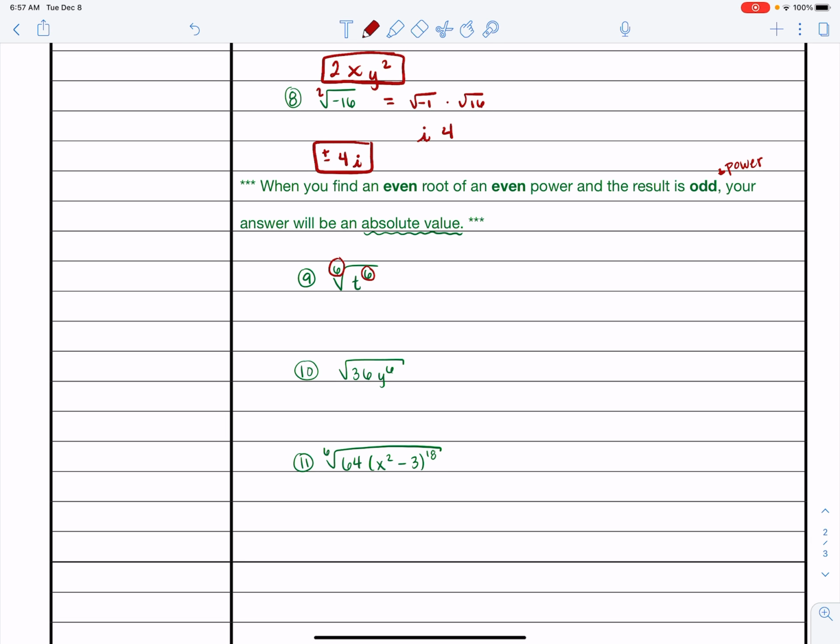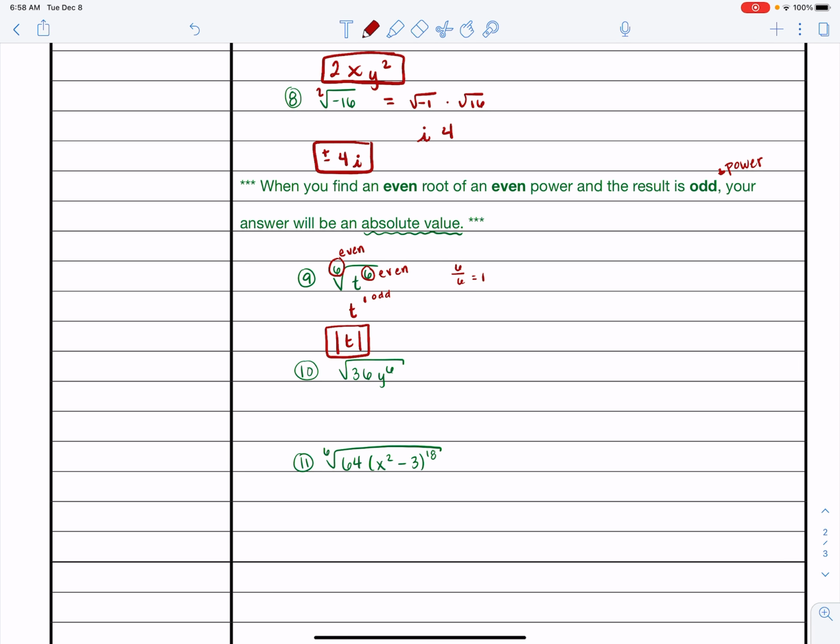When I work this question, remember I can divide. So 6 divided by 6 is 1, t to the 1st power. So I have an even root, an even power, and my resulting power is odd. So really my answer is the absolute value of t.